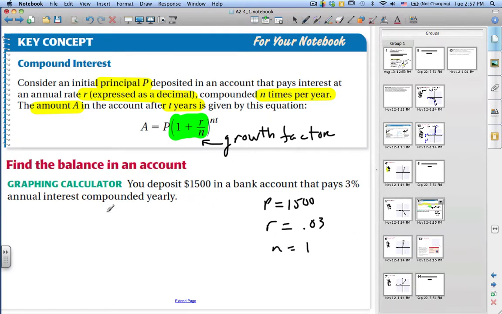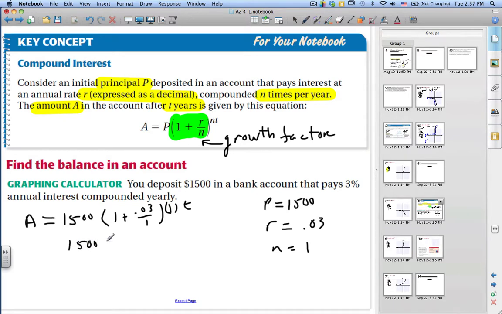And if I plug these all in, I'll know my account balance is equal to 1,500 times 1 plus my rate, 0.03, divided by 1 to the 1t power. So what happens when you compound annually is, you see, we just get the rate, the n ends up having no effect.